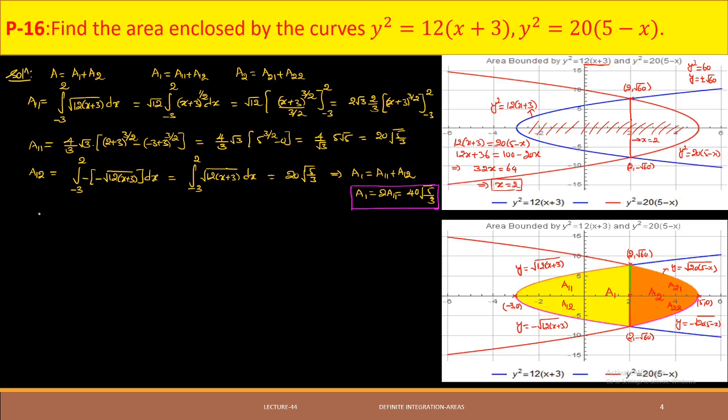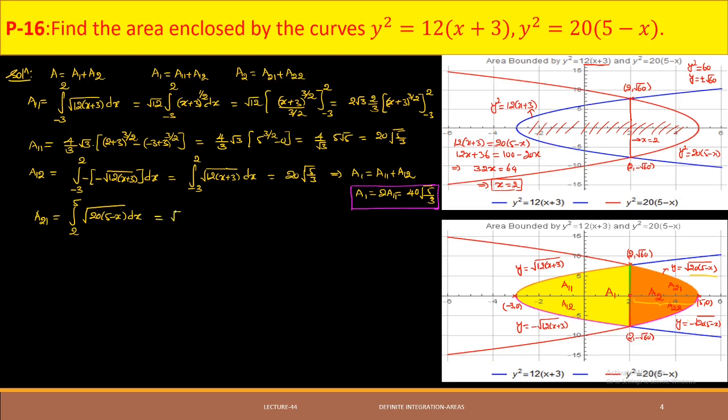area a2. So to find area A2, I need to find A21 first. Area A21 is equal to, now the limits are from 2 to 5. What is the function there? Y is equal to under root 20 into 5 minus x, so this is under root 20 into 5 minus x into dx.